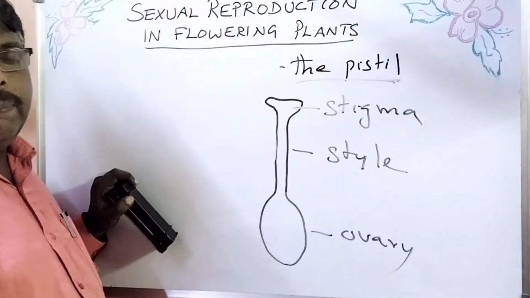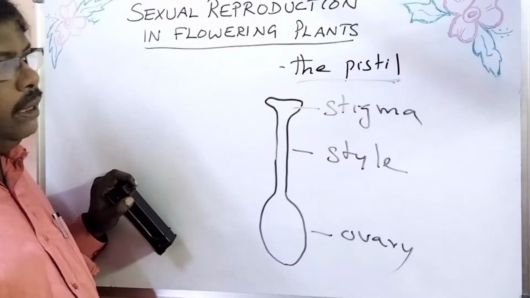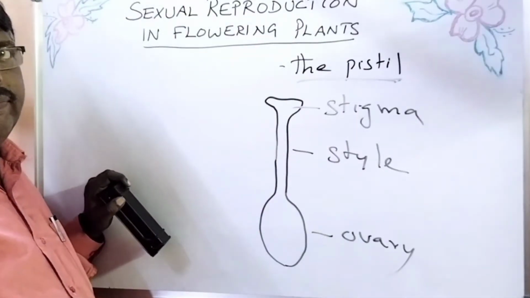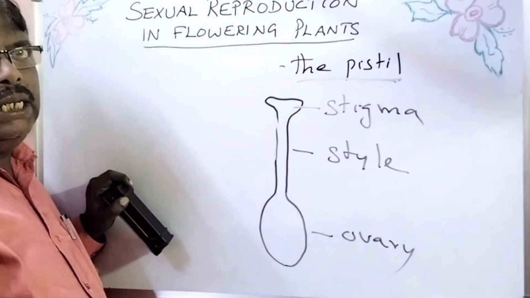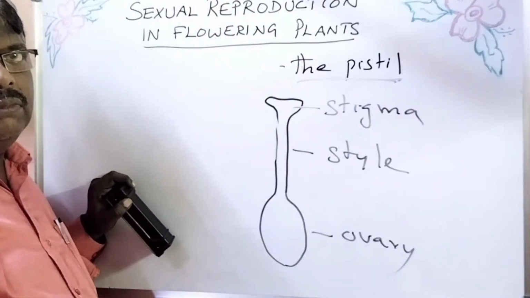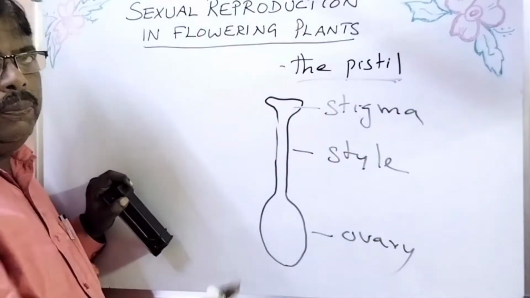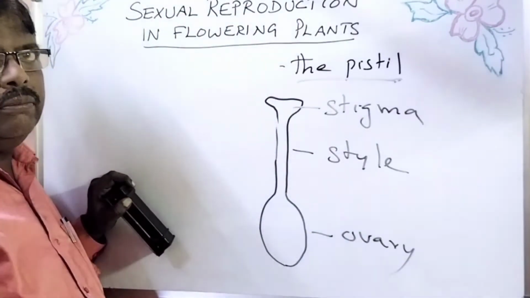Stigma is the landing platform for all the pollen grains. All the pollen grains will come and land on the stigma. And this pathway is called the style. It is a long, slender style. And this broad basal portion is called the ovary.